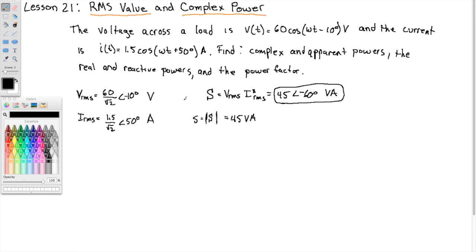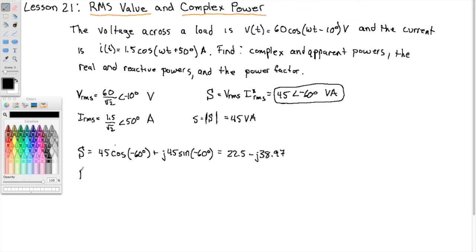Okay, so for the real and reactive powers, we're going to break the complex power down into its real and imaginary parts. So we're going to write the complex power as 45 cosine of negative 60 degrees plus j 45 sine of negative 60 degrees. So this comes out to be 22.5 minus j 38.97.